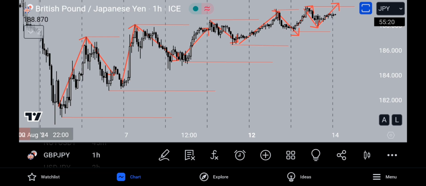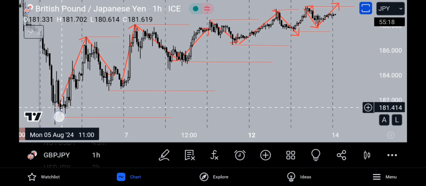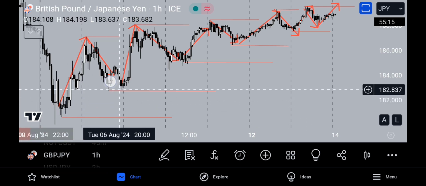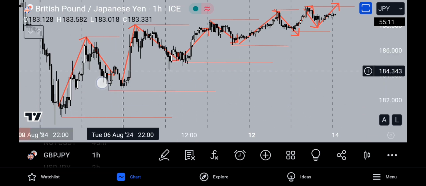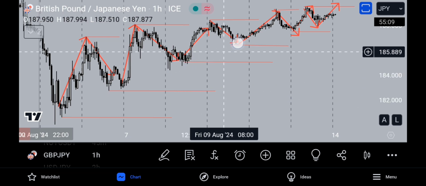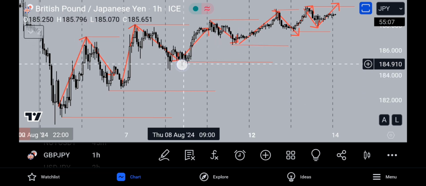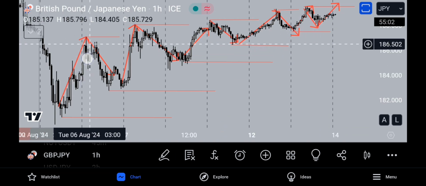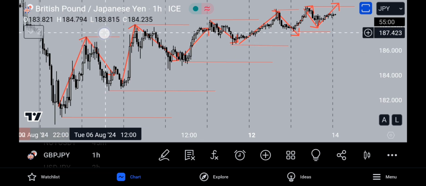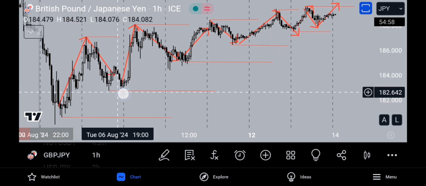So you can see the trend. We are respecting what? Swing lows by creating higher swing lows above previous swing lows, higher swing low above a previous swing low, and then we have it again, higher swing low over here above a previous swing low, so on and so forth. But what are we doing? We're attacking old swing highs. So in a bullish trend, you are looking to what?